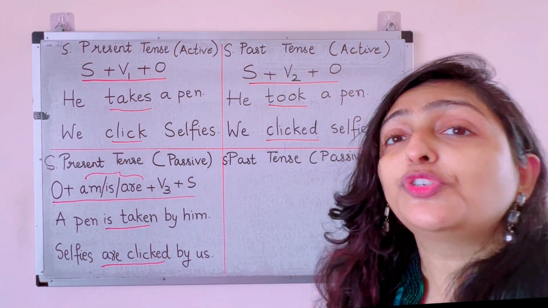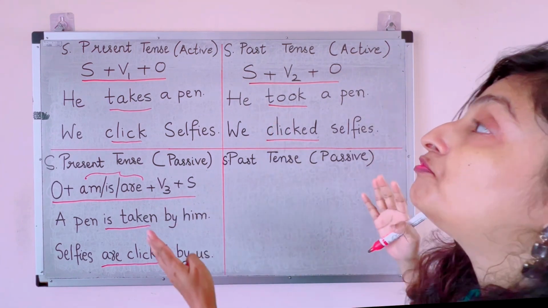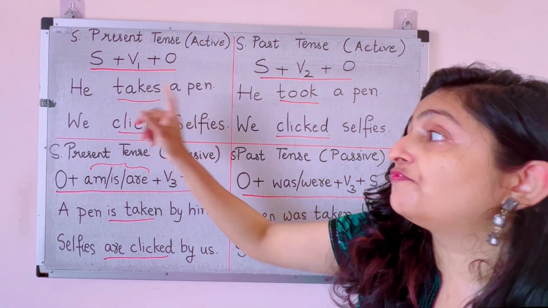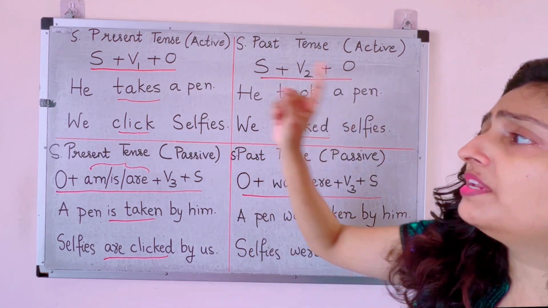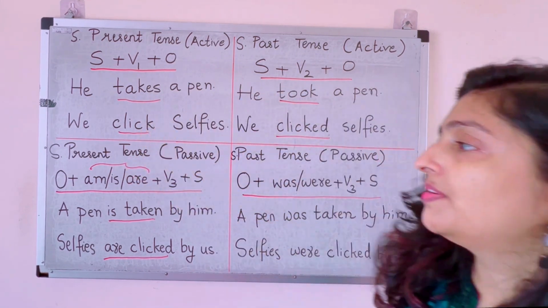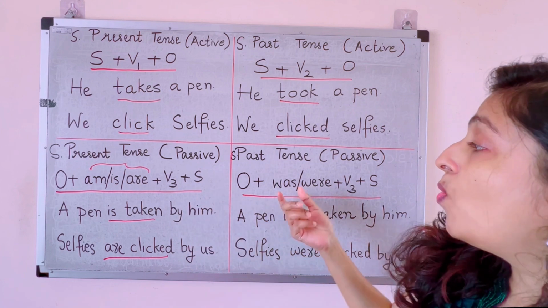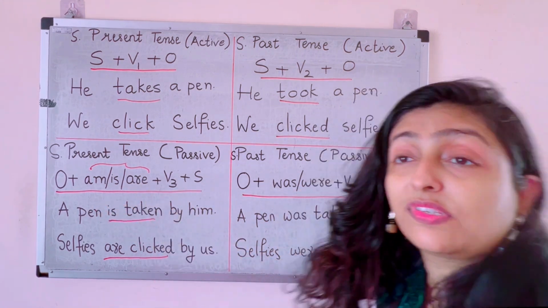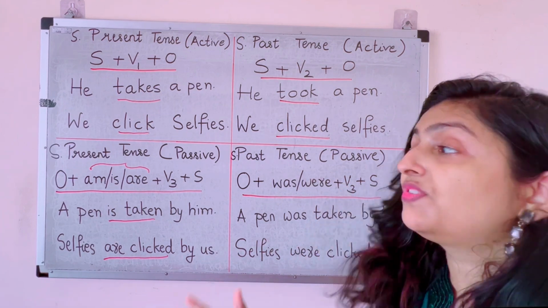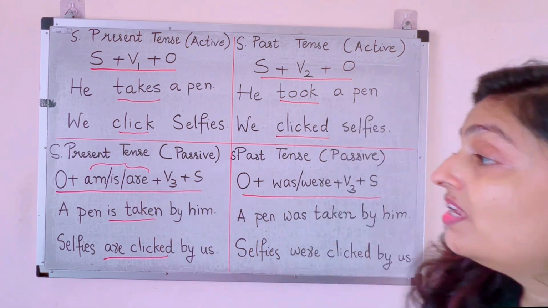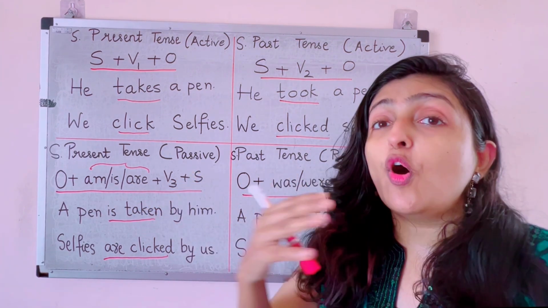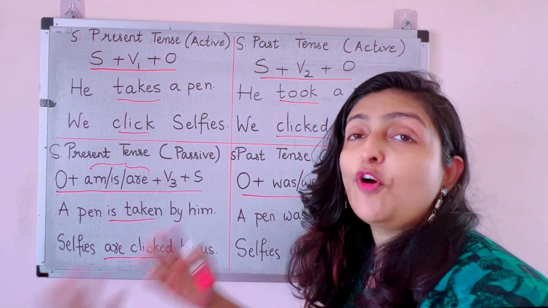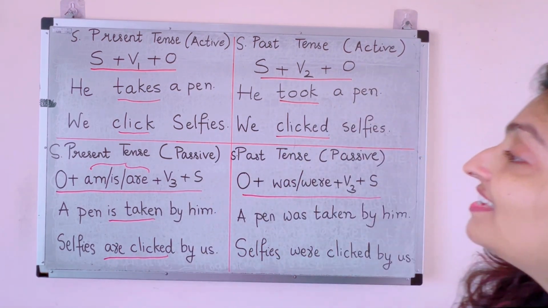Now moving on to the passive voice of simple past tense. Took is the past tense of takes. Clicked is the past tense of click. Same way, was is the past tense of am and is. Were is the past tense of are. So you can yourself form the formula for past tense looking at the formula of present tense.